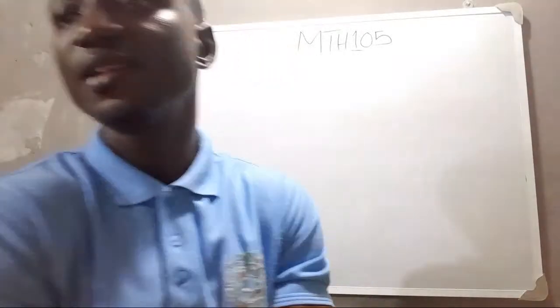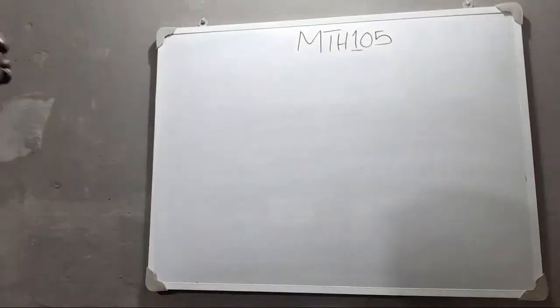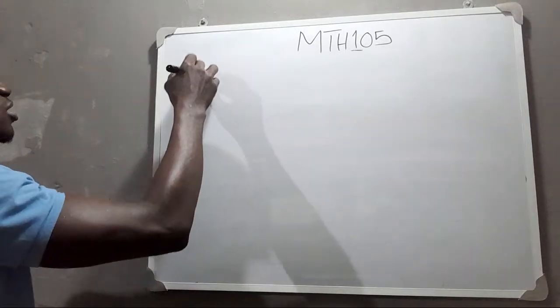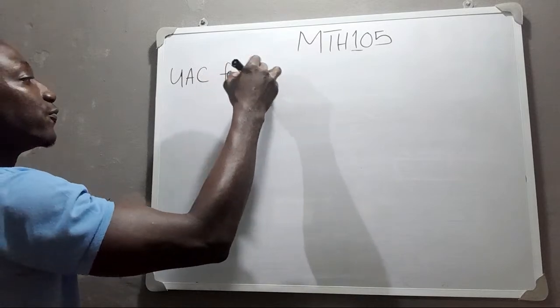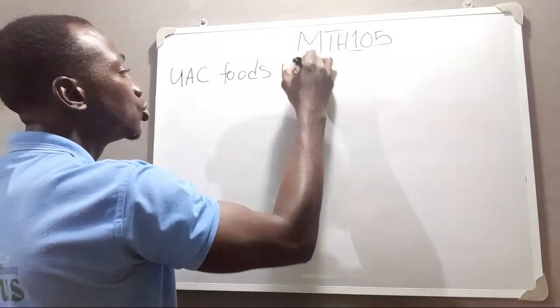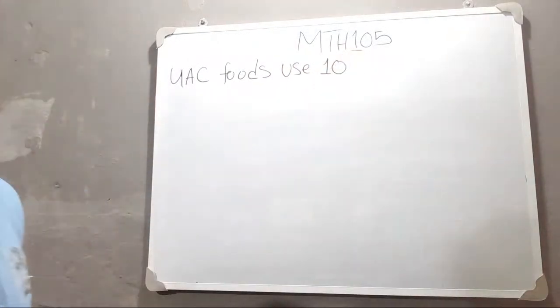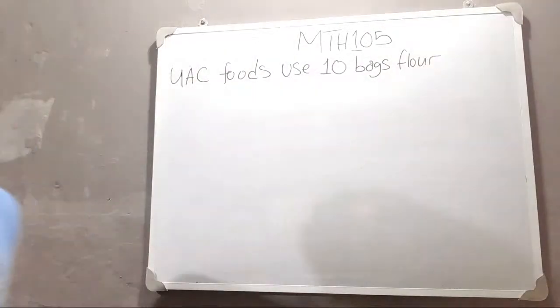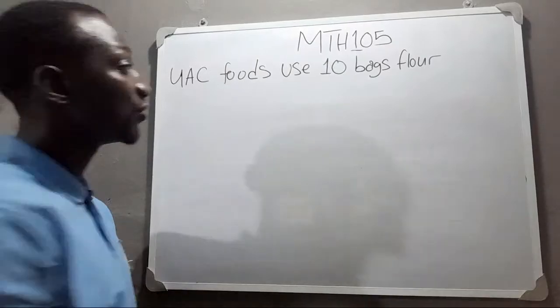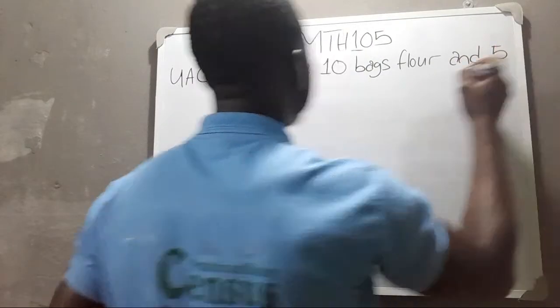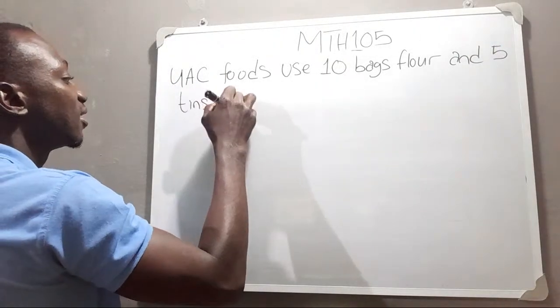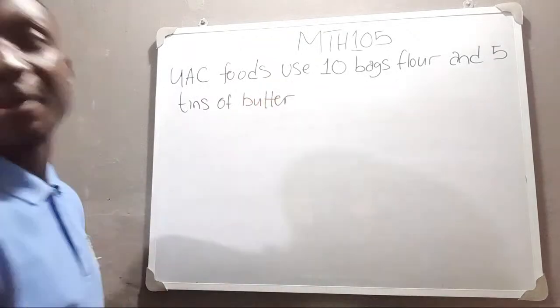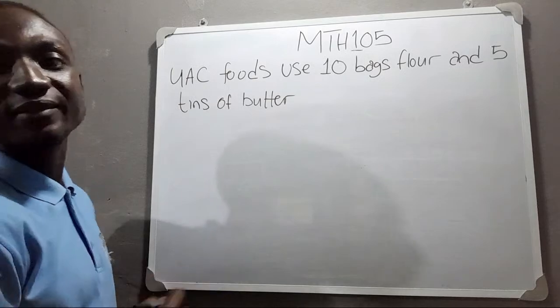It says here that UAC Foods use 10 bags of flour and 5 tins of butter to produce 100 wraps of gala.